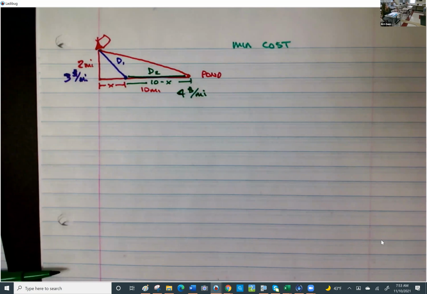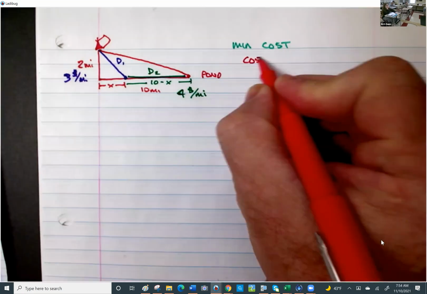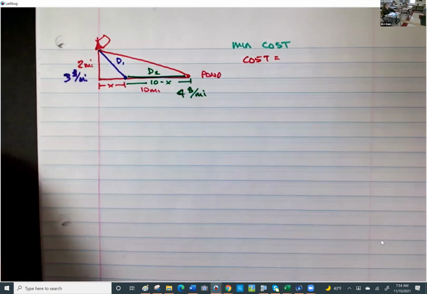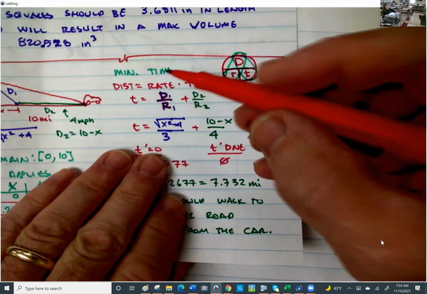Isn't miles per hour a rate? And isn't dollars per mile a rate? But we're trying to minimize our cost. So will our cost be calculated by the same thing we did here? A distance divided by this rate?